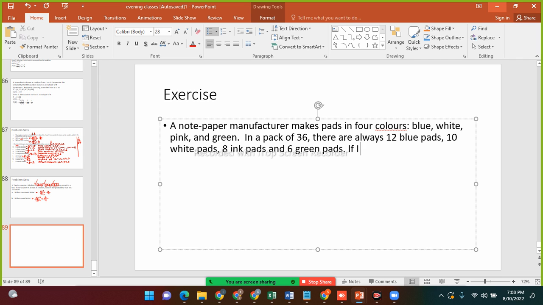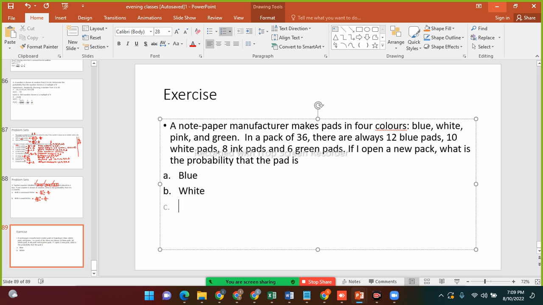If I open a new pack, what is the probability that the pad is A, blue, B, white, C, pink, and D, green?